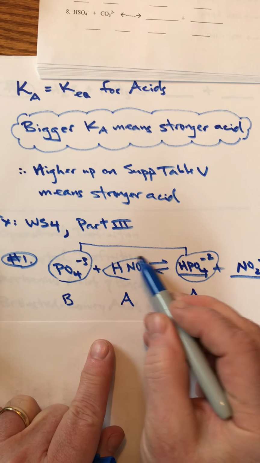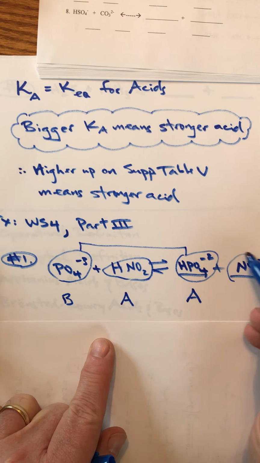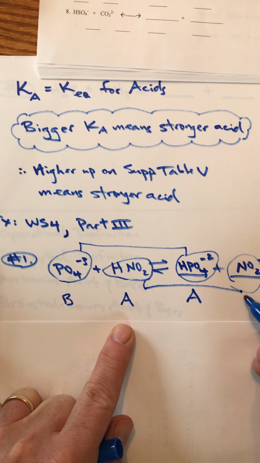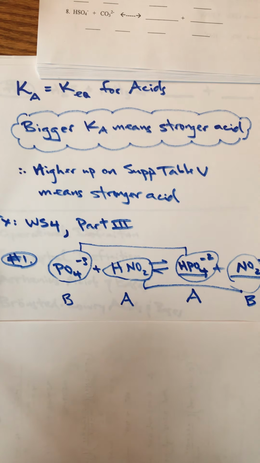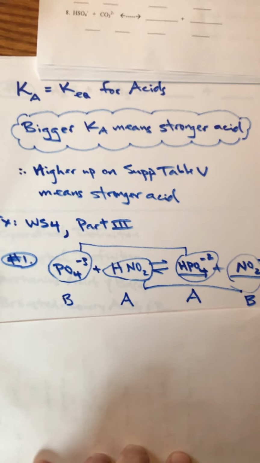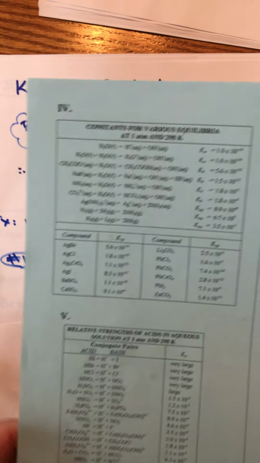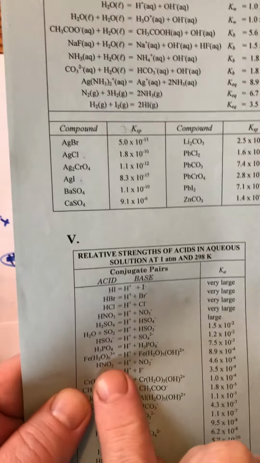This one looks a lot like this one. If that's the acid, here's its corresponding base. Well, I've got two acids in the system. Which one is the stronger acid? Okay, HNO2, right there. Bingo. HNO2. Okay, keep your pencil there.